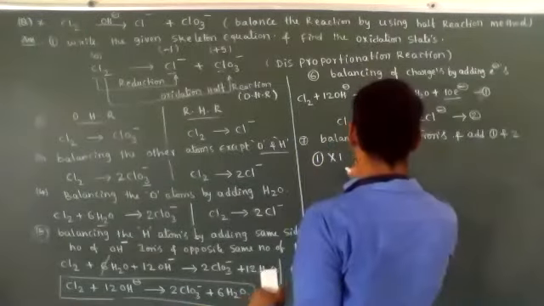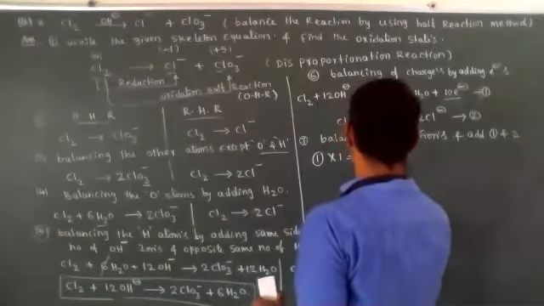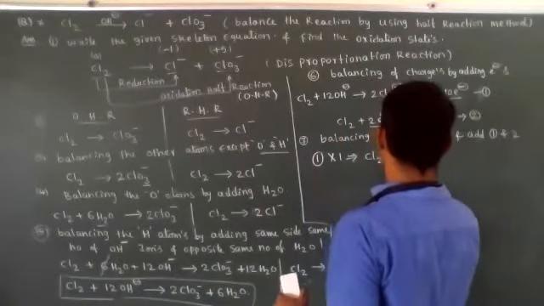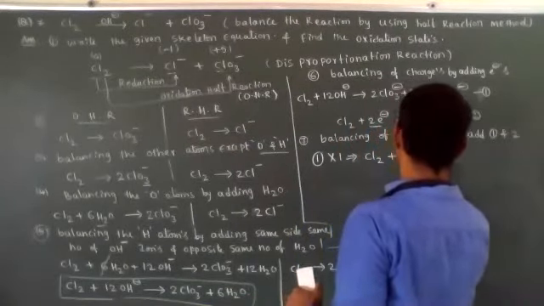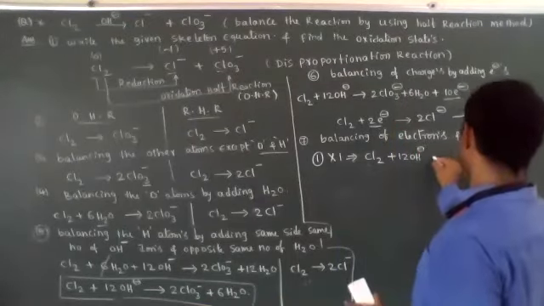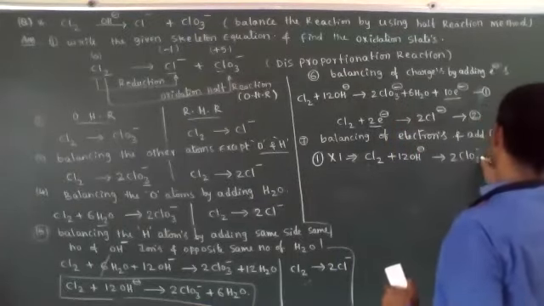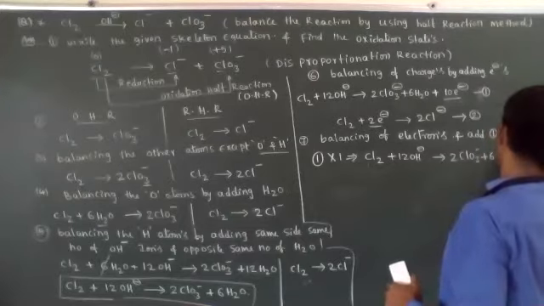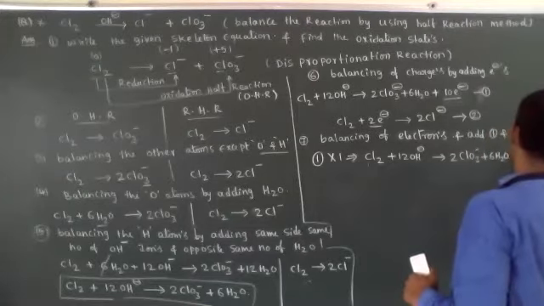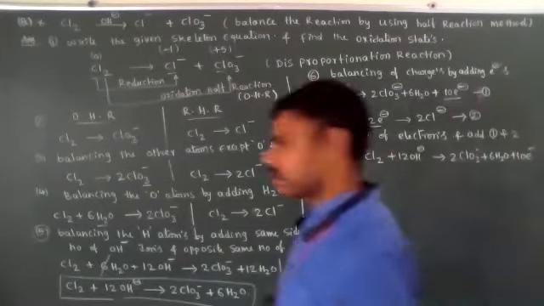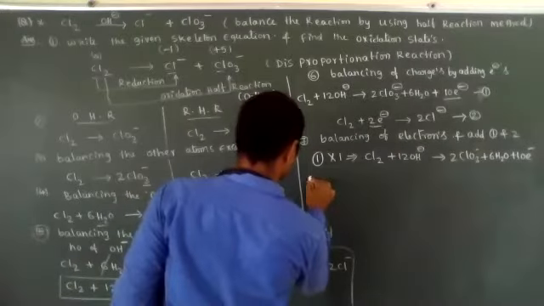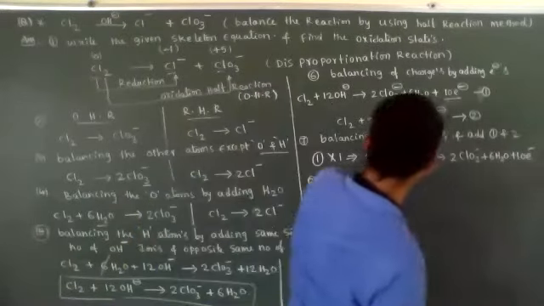So Cl2 as it is you write: Cl2 plus 12OH minus is converted into 2ClO3 minus plus 6H2O plus 10 electrons. The second equation, here 10 is there, here 2 is there.